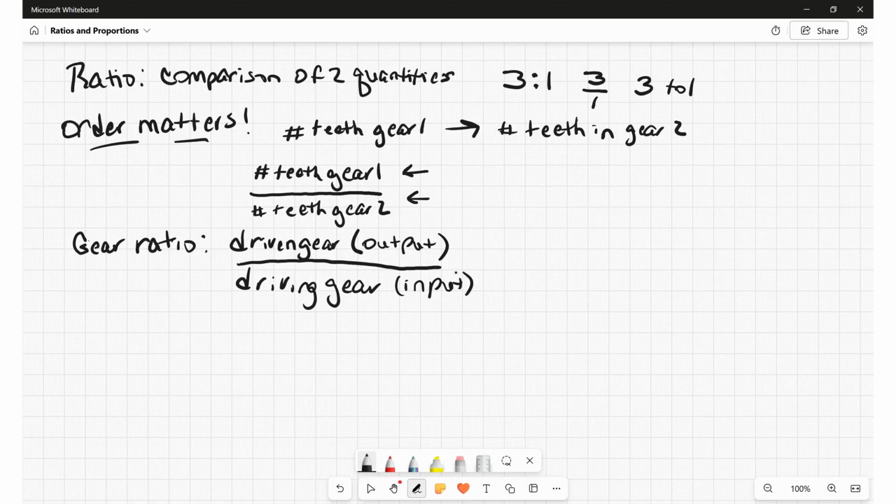So, for example, let's look at an example. So we have an automotive technician who counts the number of teeth on a differential.